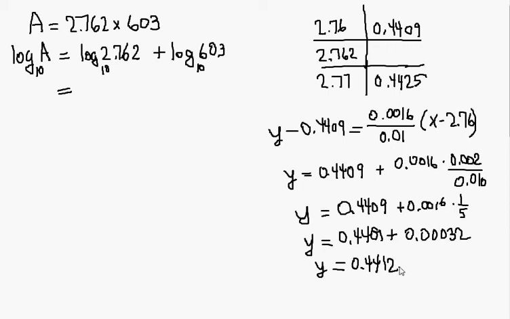And because I'm only good to 4 decimal places anyway, I'll forget the fifth place and just put 2 as my approximation. So 0.4412 would be my estimate for the logarithm of 2.762.